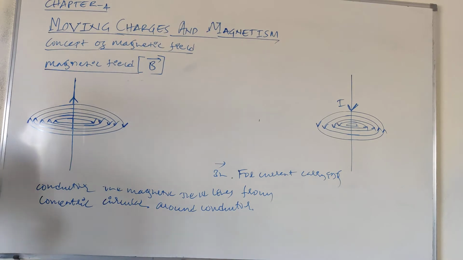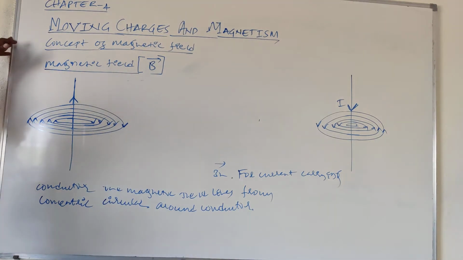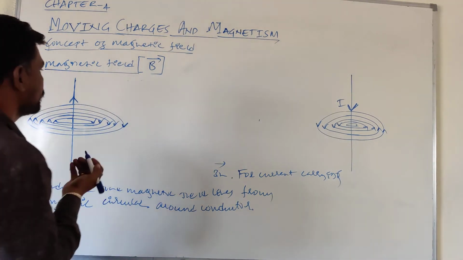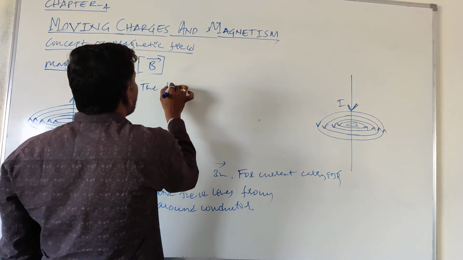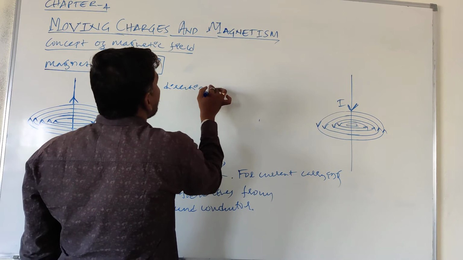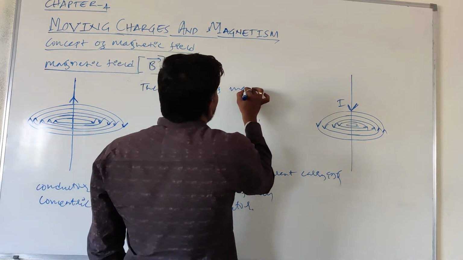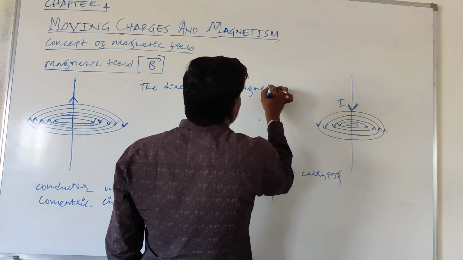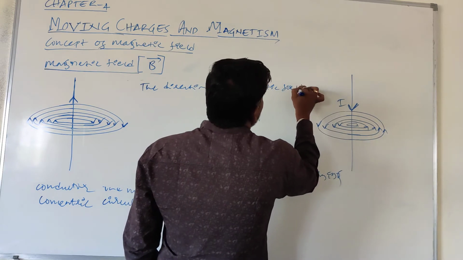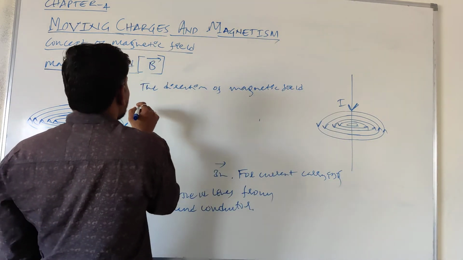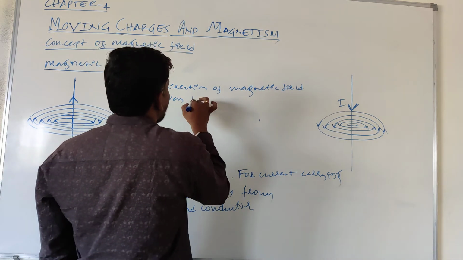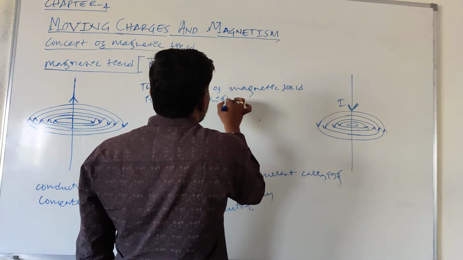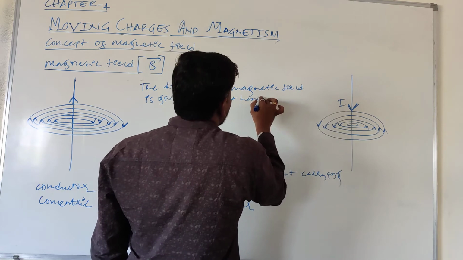Here the direction of the magnetic field is given by the right hand rule.